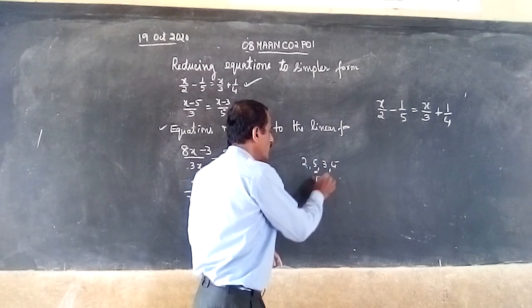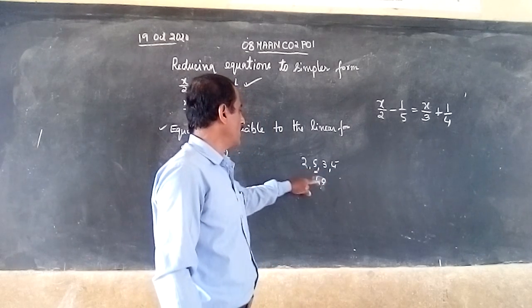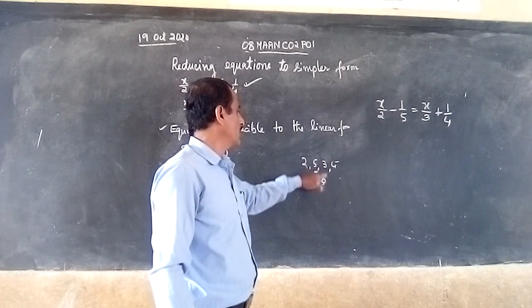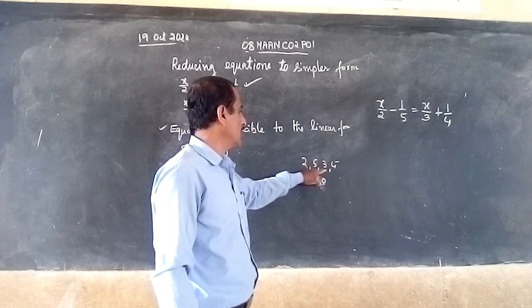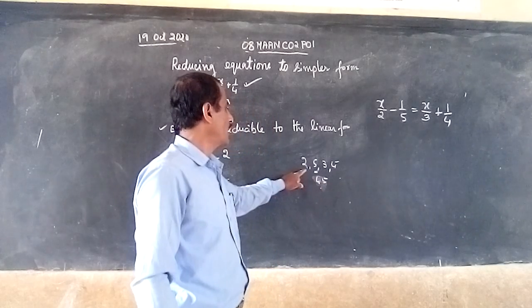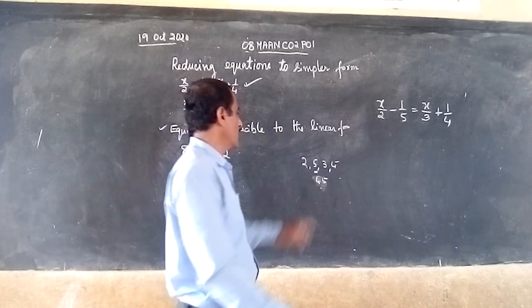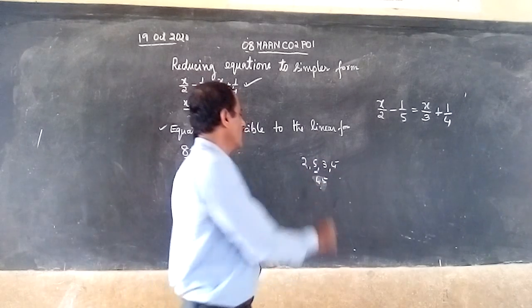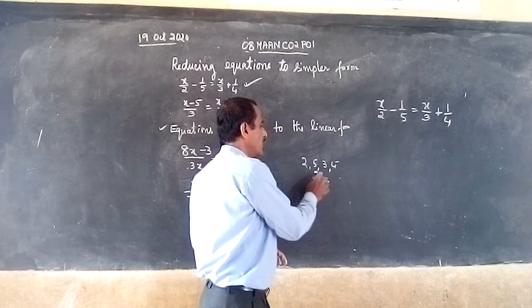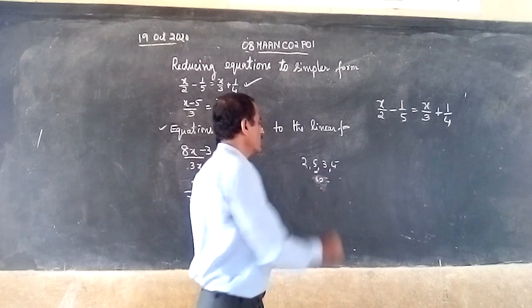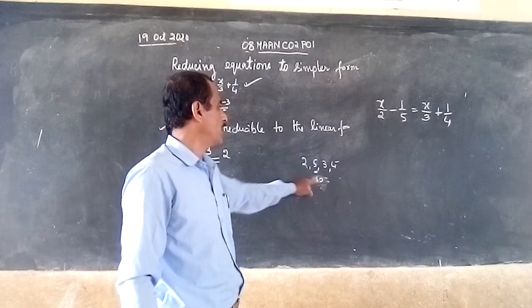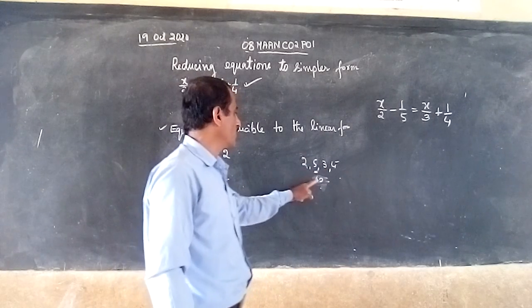Next 40, which 2 and 5 divide, but 3 can't. Next 45, 2 can't divide it, and 4 also can't, though 5 and 3 can. After 45, 50 also can't, 55 can't. 60, is it possible? Yes, 60 can be divided by all these numbers completely. Therefore, 60 is the LCM.